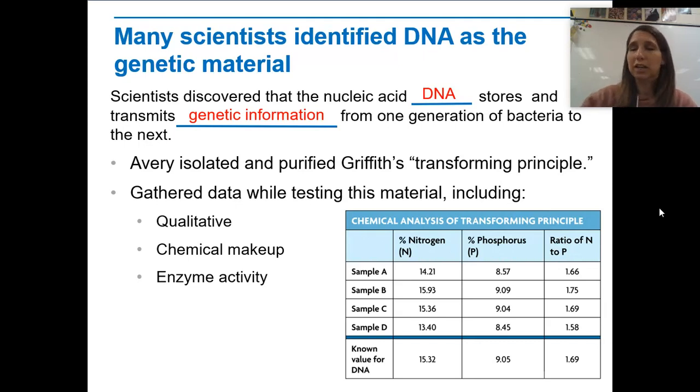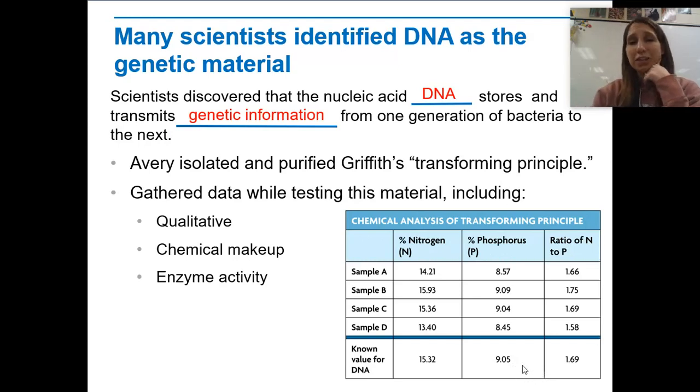So when we look at this table here specifically, this is looking at Avery's research in terms of the chemical makeup. So this is a quantitative type of assessment. There's nitrogen that he's quantifying. He's trying to see the percentage of nitrogen present in these different samples of the transforming principle. And then he's looking at the percentage of phosphorus in these samples also. Now, there is a known value for DNA, and that's consistent with what we know about DNA right now.